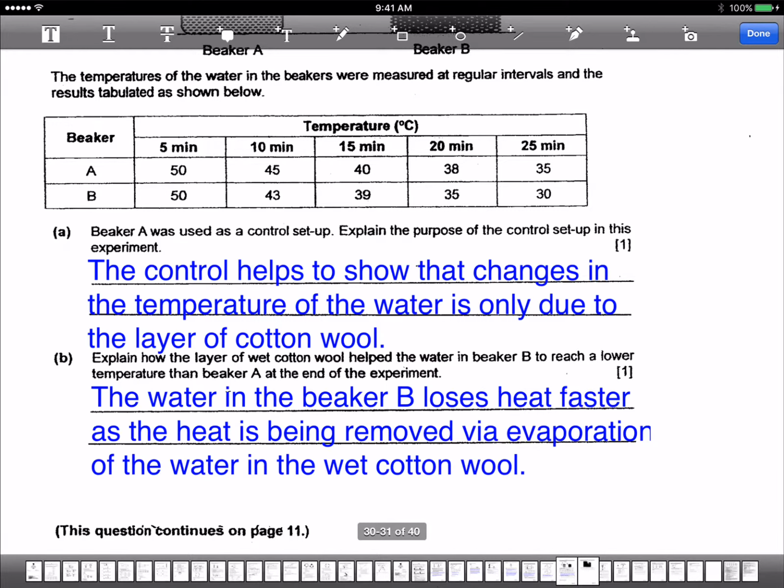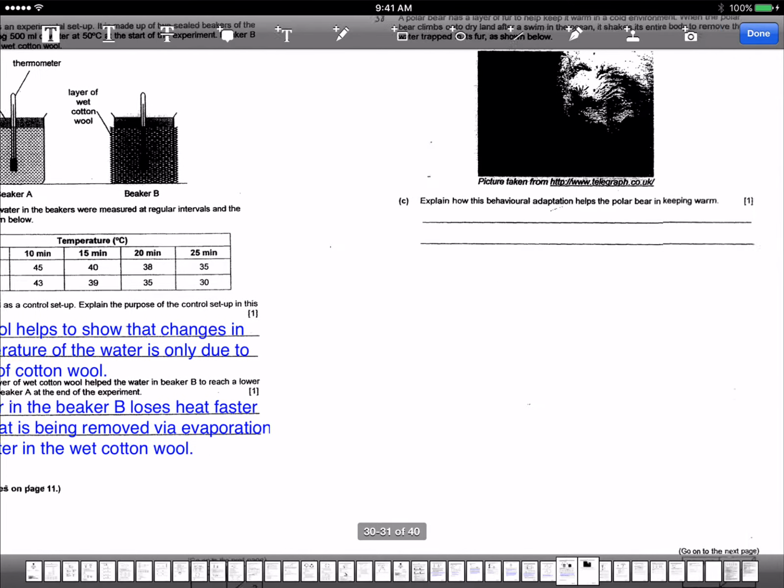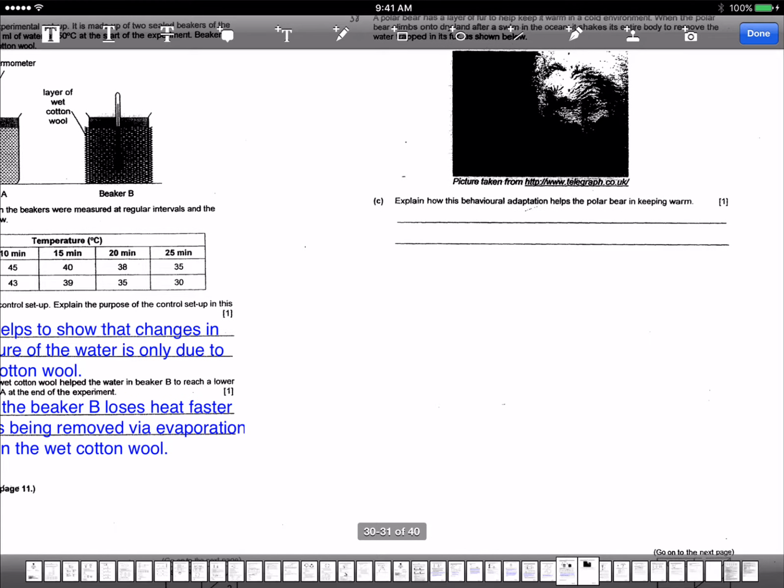There's evaporation. Evaporation absorbs the heat, takes away the heat. So when it loses heat faster, temperature decreases faster. We've done this so many times. Every time evaporation is the same stuff.